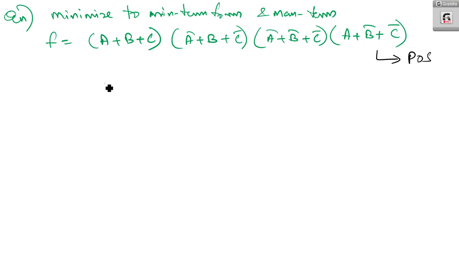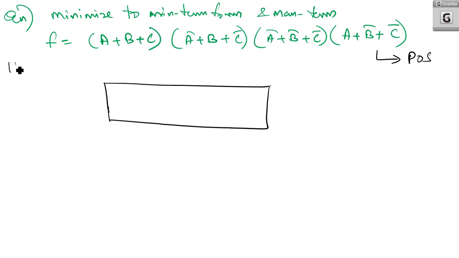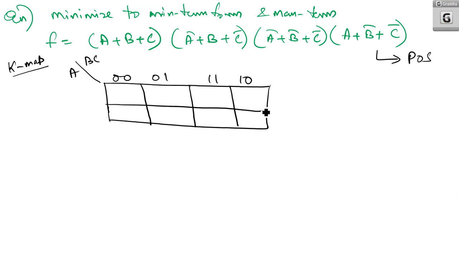So first you draw the K-map. I'm drawing the K-map directly. Okay. K-map. So here what we have is A, B, C: 0, 0, 0, 1, 1, 1 and 1, 0. 0, 1. Since this is POS form, this is A bar.